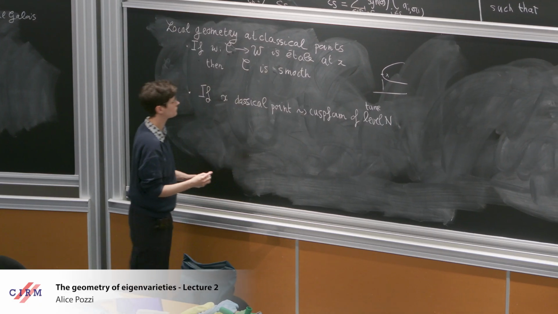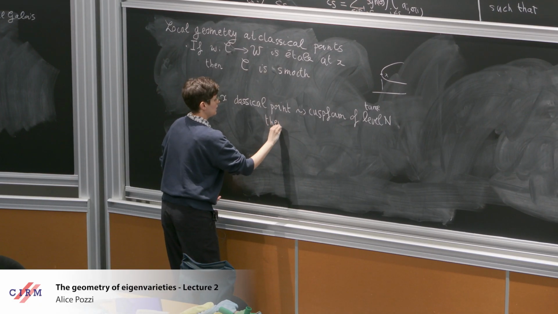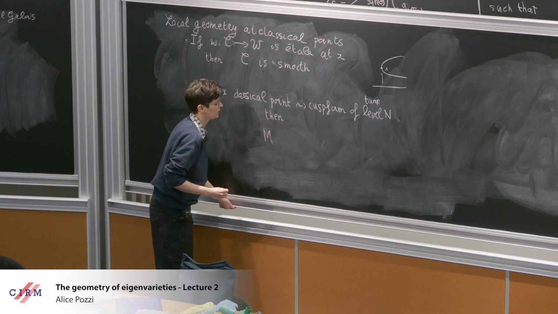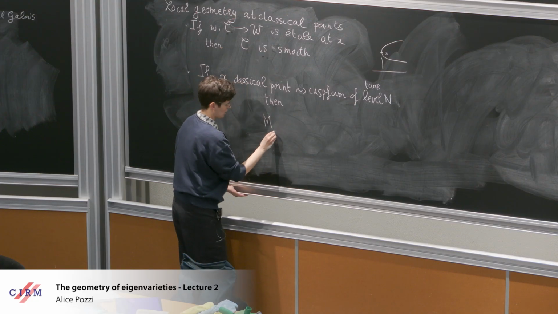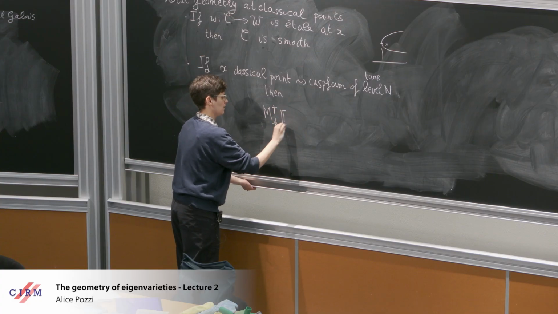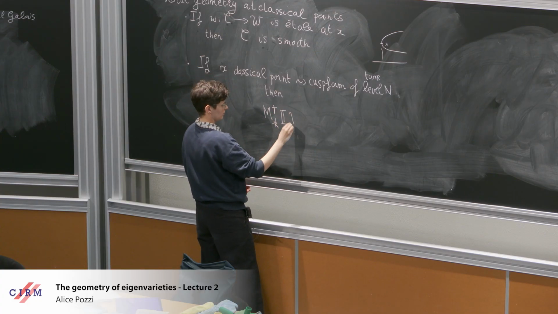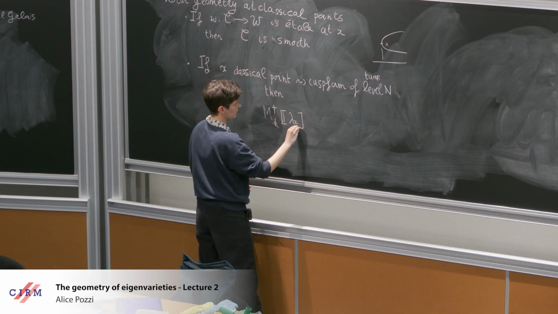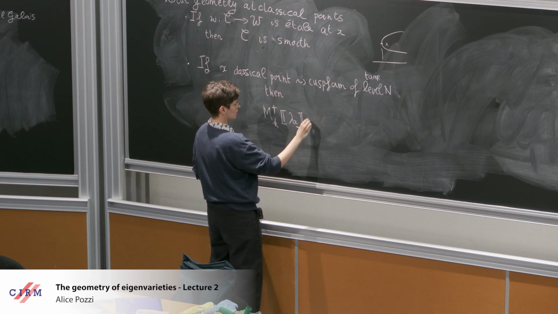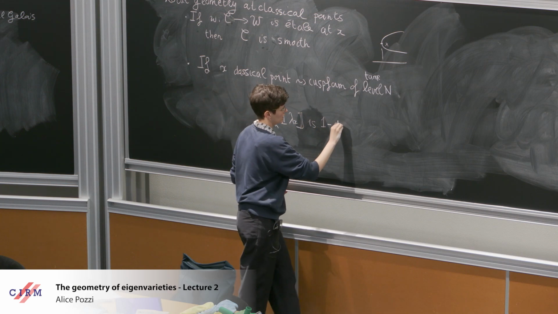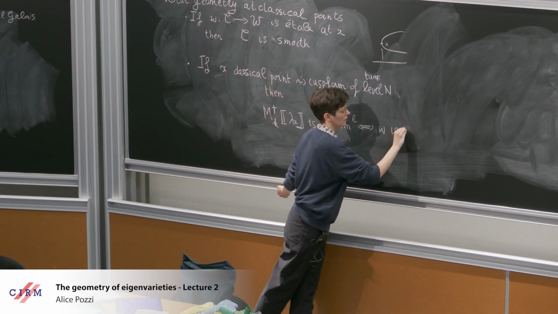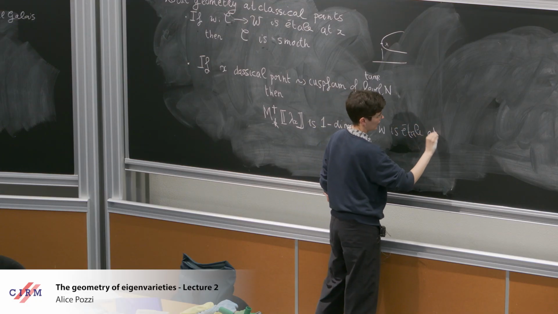Then I can interpret étaleness entirely in terms of the generalized eigenspace. I look at the overconvergent generalized eigenspace. This is one-dimensional if and only if W is étale at X.